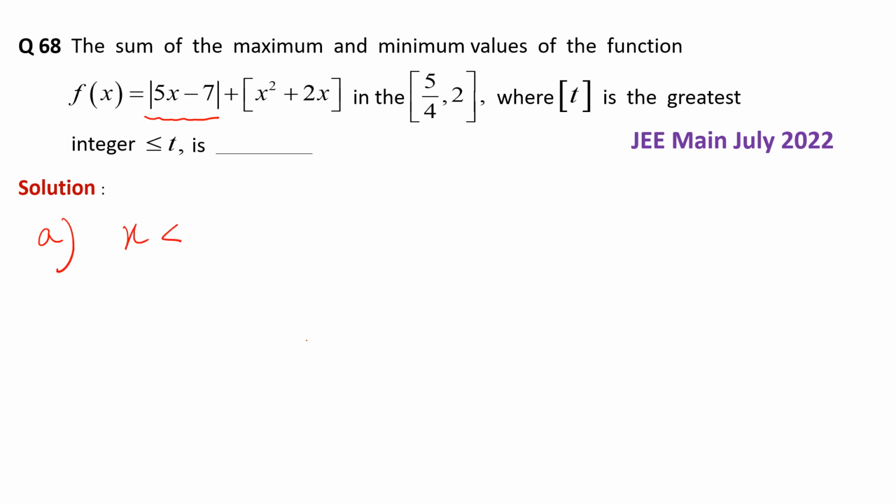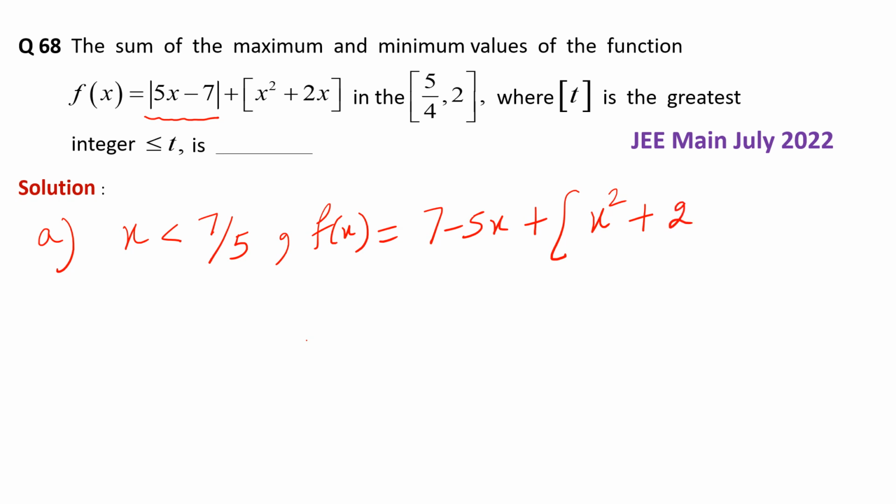Now when x is less than 7/5, then f(x) becomes equal to 7 - 5x + [x² + 2x]. Now inside the greatest integer function, I am adding 1 and subtracting 1.